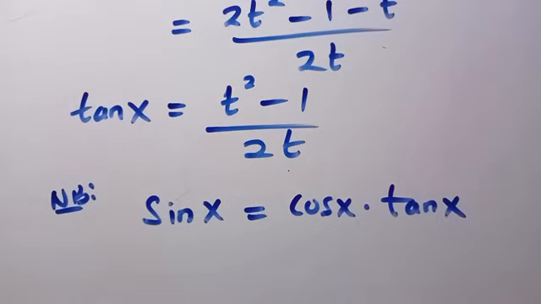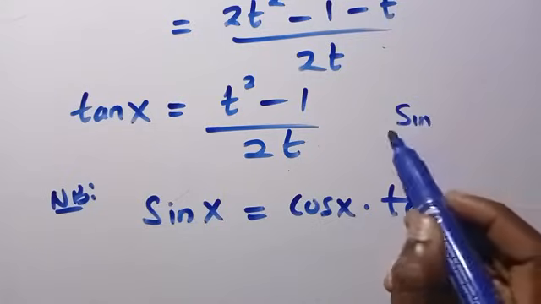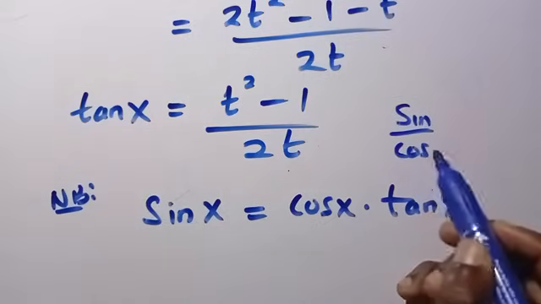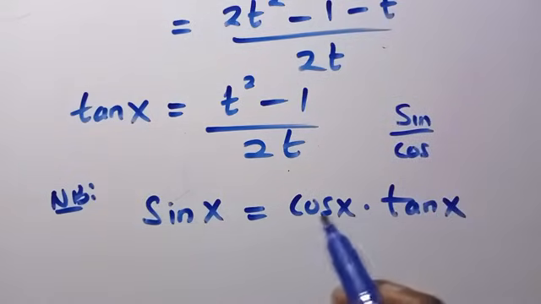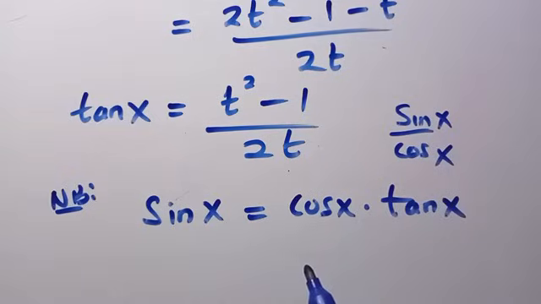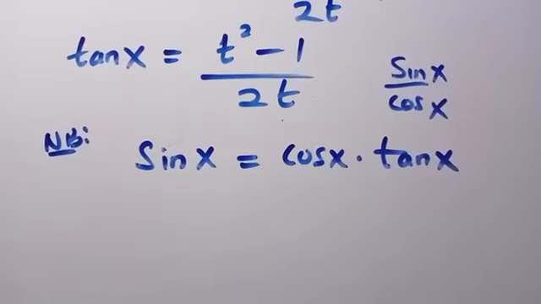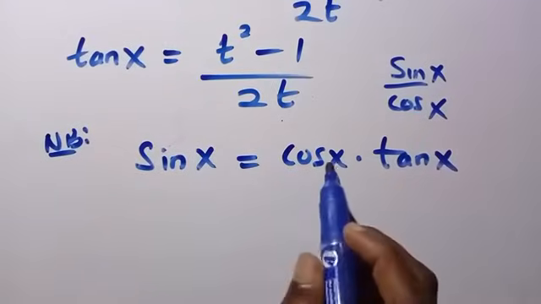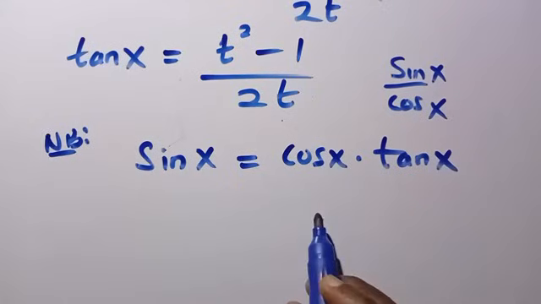Because what is tan x? Tan x is given as sine over cos. And when cos cancels cos, we are left with only sine x. So this is true. And also, we are only given sec x. We are not given cos x.